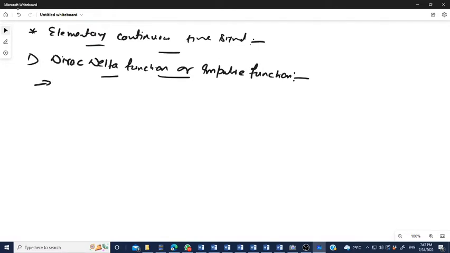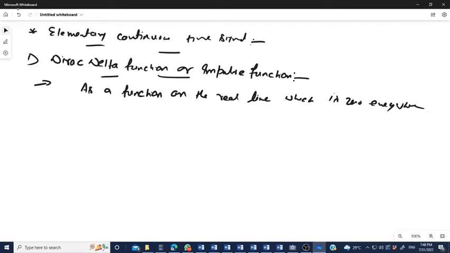The Dirac delta can be loosely thought of as a function on the real line which is zero everywhere except at the origin. What does it mean mathematically?